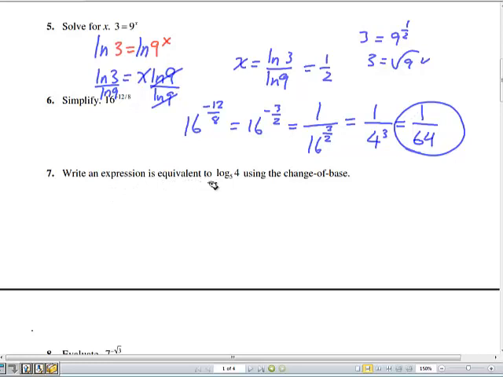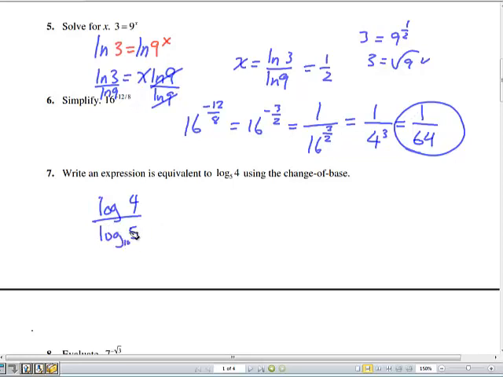Write an expression that is equivalent to log base 5 of 4 using the change of base rule. So you can use any log. I'm going to use a common log, and that'll be log 4 over log 5.